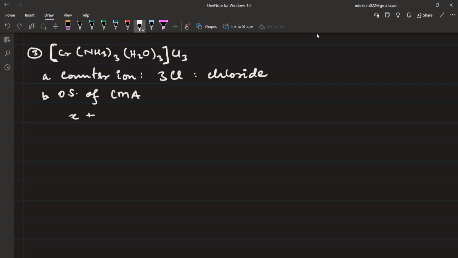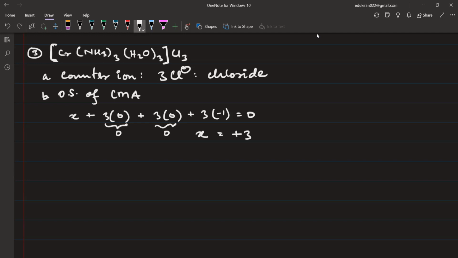X plus NH3 will be 0. X plus 3 minus 1 equal to 0 because there is net 0 charge. X will be equal to plus 3. This will be 0. This will be 0. This will be minus 3. It will go there. It will become plus 3.